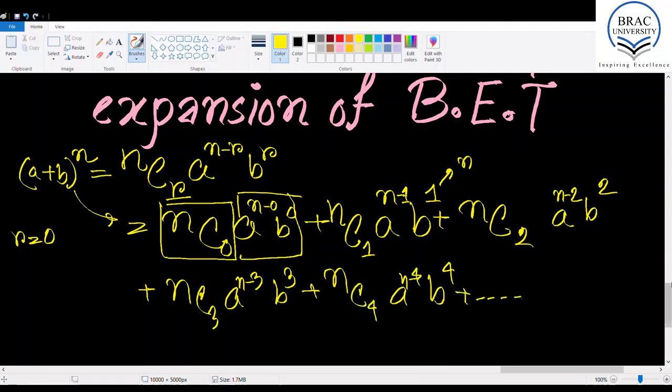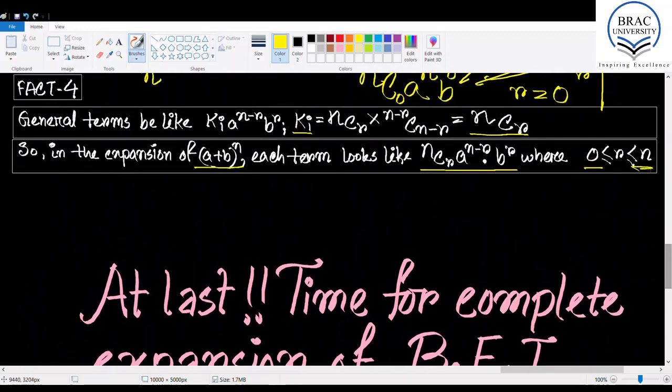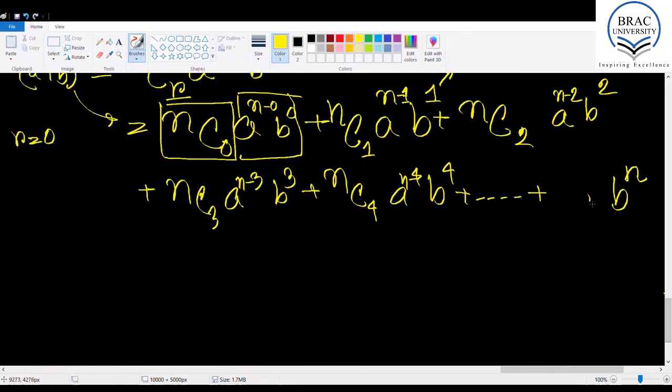Similarly, we keep increasing the value of r. At what point will r end? If we take the highest value of r, that is n, then a's power will be a to the power n minus n, and nCn here, right?